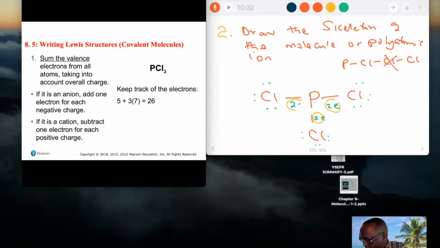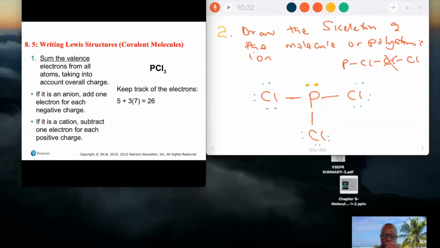Let me just erase this right here so that you see we end up with that. So that here, it's a connection. These are what remain. Maybe I can use a different color here. This is what remains at the end. Once the external atoms satisfy the octet rule, except hydrogen, the remaining electrons go to the central atom.